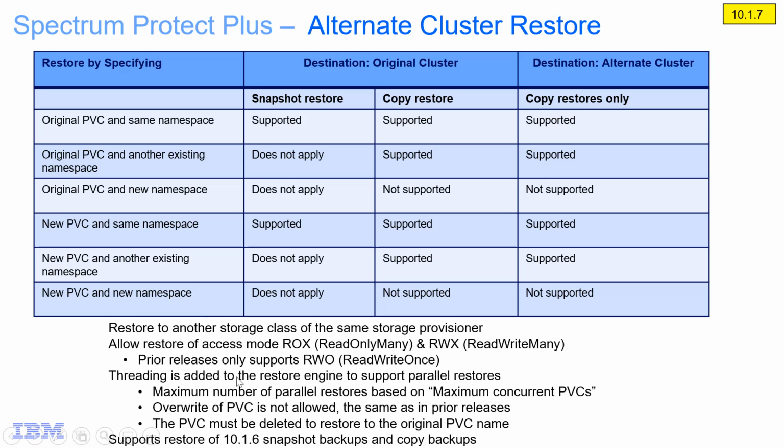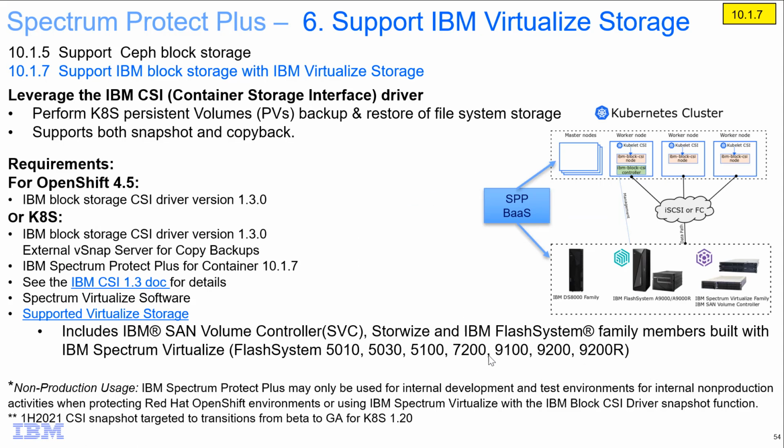Threading is added to the restore engine to support parallel restores, and the maximum number of parallel restores is going to be based upon maximum concurrent PVCs. Override of PVCs is not allowed, the same as in prior releases with Spectrum Protect Plus. So the PVC must be deleted if you do want to restore it to the original PVC name. We do support the restore of snapshots taken back in version 10.1.6 on this 10.1.7 Spectrum Protect Plus environment.